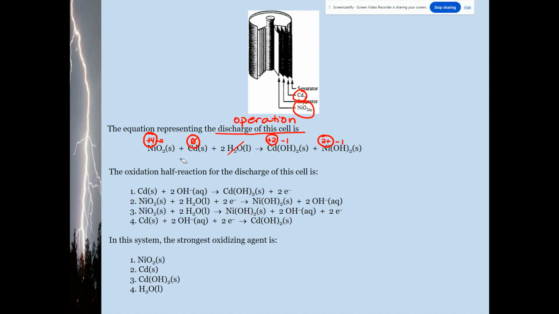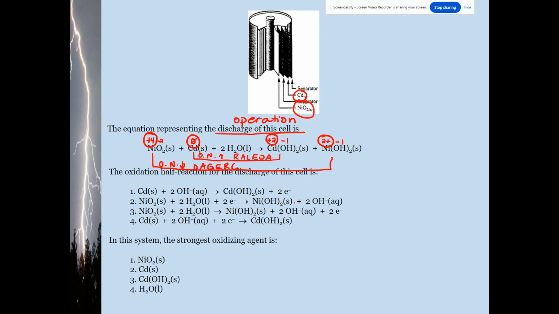So if I look at what's happening with oxidation numbers, my cadmium, in forming cadmium 2+ ions, its oxidation number is going up. So that's our RA, our anode, and the nickel is going from 4+ to 2+, its oxidation number is going down, so that's our OA.